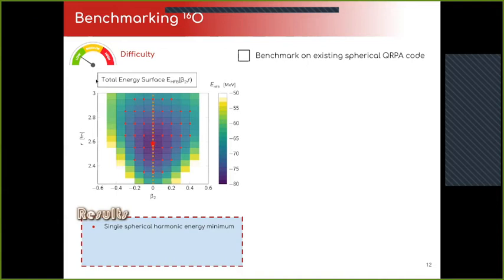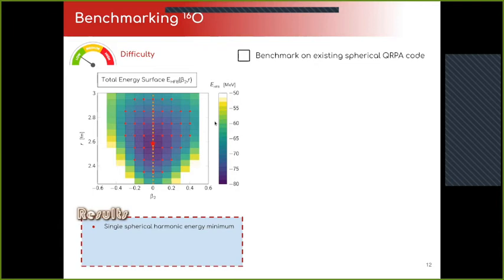If you remember, before I was showing a one-dimensional plot where the energy was simply a function, for example, of the coordinate r. In this case, since we are exploring two coordinates at a time, clearly the energy is a function of two different coordinates, specifically the mean square radius and the quadrupolar deformation, and the energy itself is encoded in the color code.